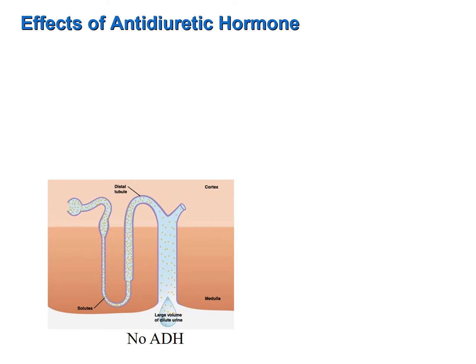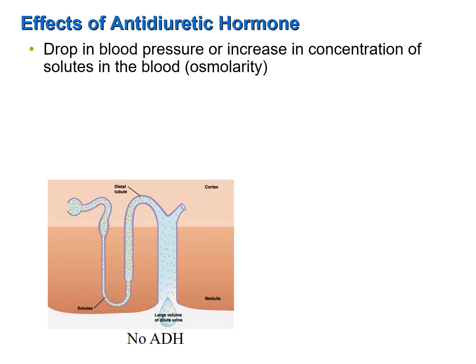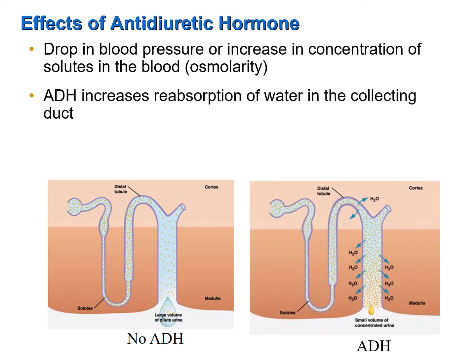Now let's say you go outside and you are working in the hot sun, you're sweating a lot, and you're not drinking as much water as you probably should. Likely there may be a slight drop in blood pressure and probably an increase in the concentration of solutes in your blood. This will trigger osmoreceptors, which will send impulses to the hypothalamus, resulting in the secretion of antidiuretic hormone.